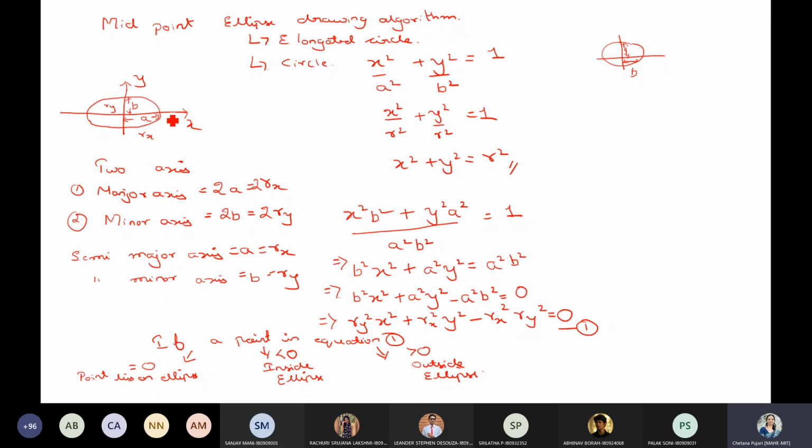And your x is the elongated one here. You can see that it's the major axis, hence it is known as the major axis, and this is your y. So they vary in distance as well. Hence you can't just calculate the coordinates of one octant and derive the rest. Instead, you have to calculate the coordinates of one complete quadrant, so that you can get the coordinates of the remaining three quadrants.